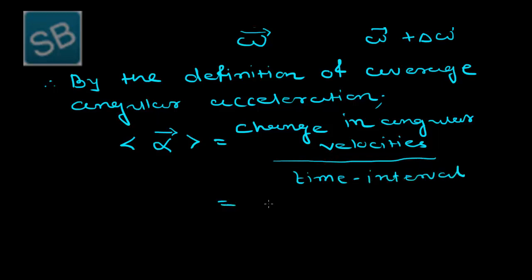So the change in velocities means the final angular velocity minus the initial angular velocity, divided by the time interval.